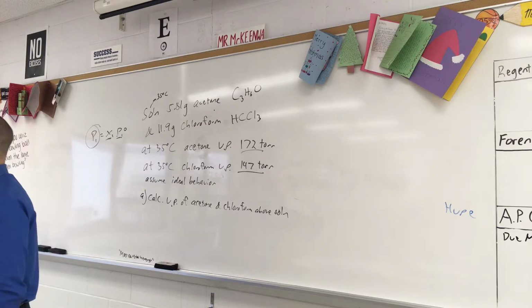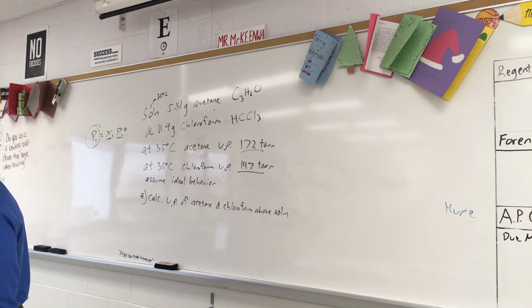What's the molar mass of chloroform? Did you get point one? It's 0.1 moles of acetone, yeah. And chloroform. Both are 0.1. The molar mass of acetone is 58 grams. The molar mass of chloroform is 119.35.